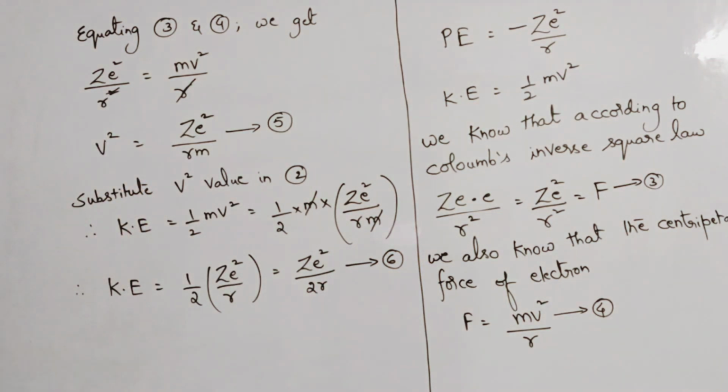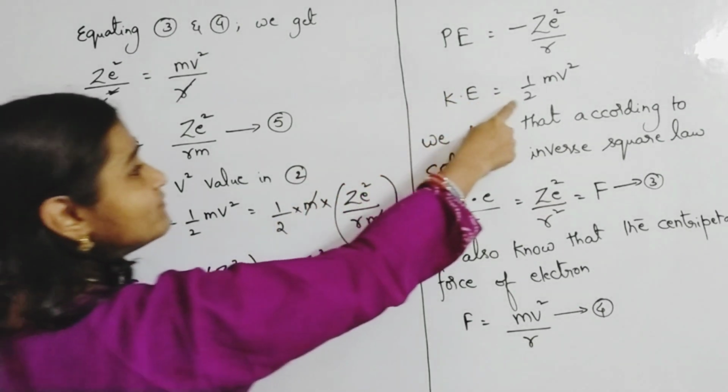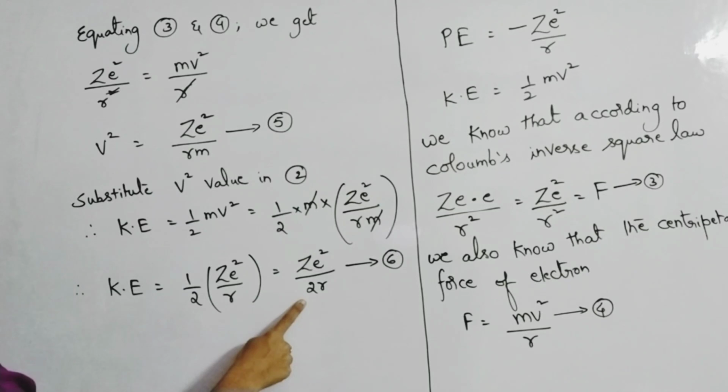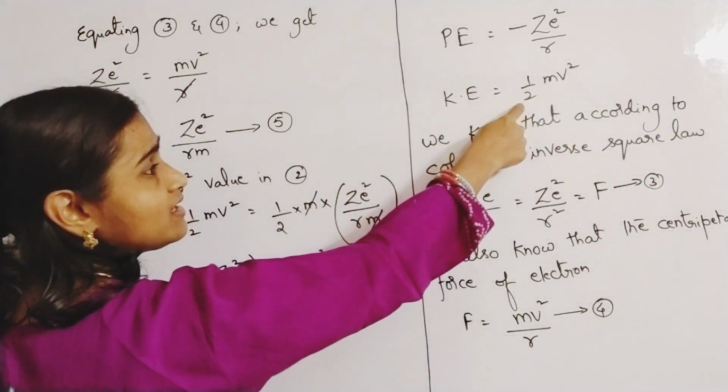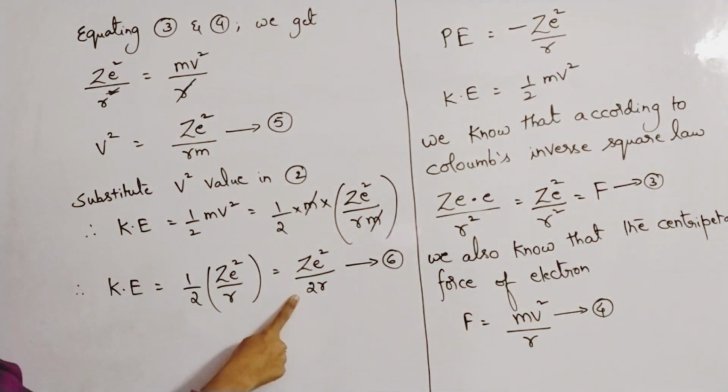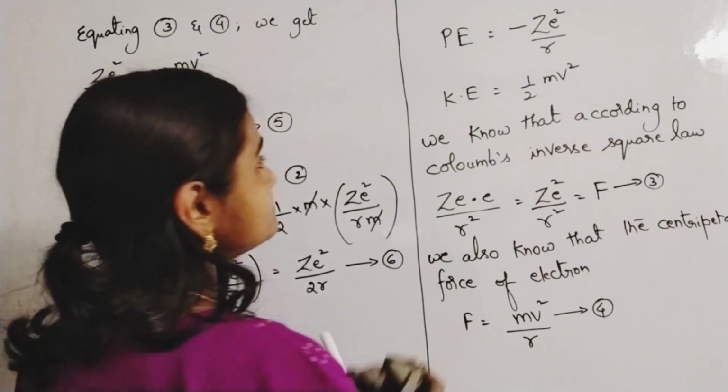Okay, so now what do we have to do? Total energy we have to calculate. So KE value, instead of half mv square, we will write Ze square by 2r. So what will happen if you write like that?